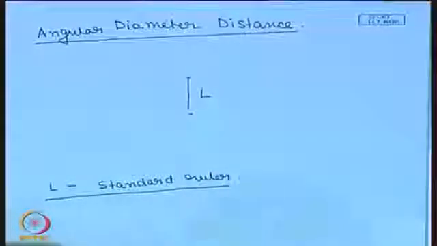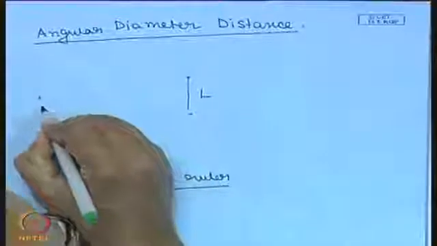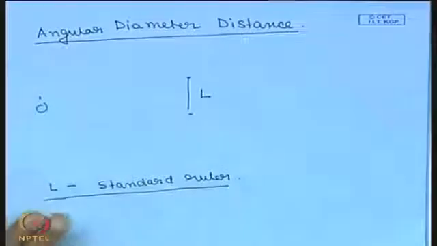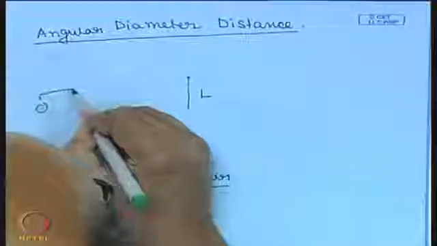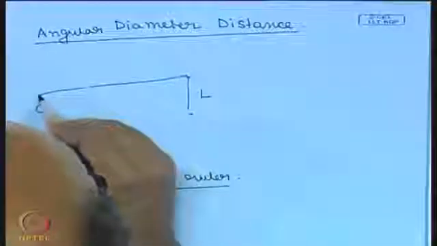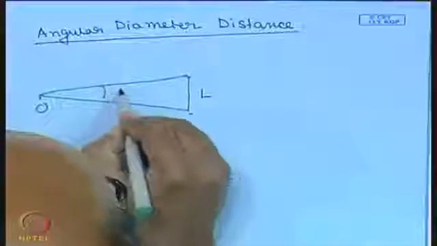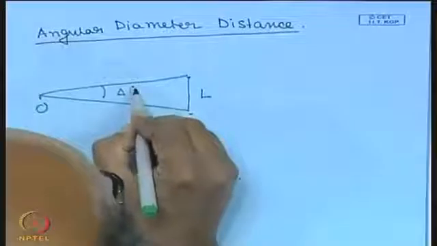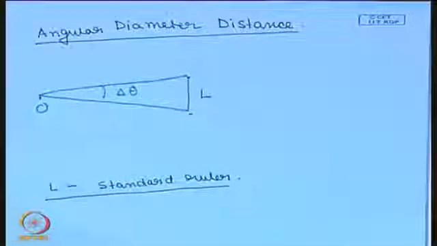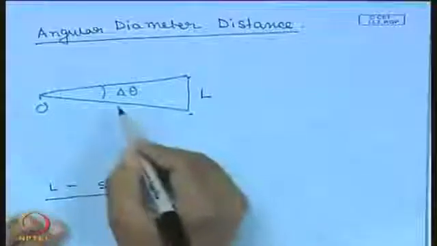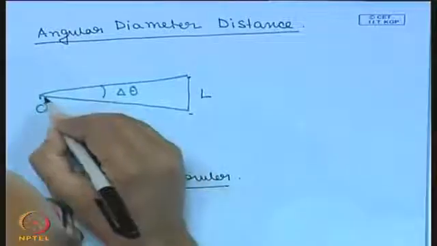Now we can define the angular diameter distance as follows. I am an observer sitting here. If I see the galaxy, it will subtend an angle delta theta on the sky, and we know that these angles are extremely small.